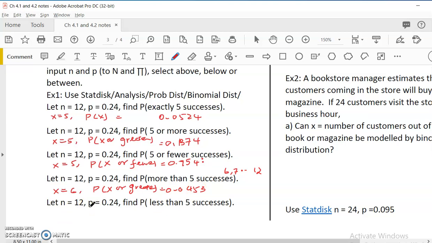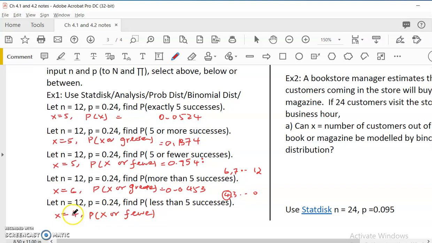What about the probability of x is less than 5? Less than 5 means you only have 4 successes, 3 successes, up to 0 successes, right? So I want to enter x equal to 4 because you start off with 4. You don't enter 0, right? And then you use the probability of 4 or fewer, the x or fewer column.